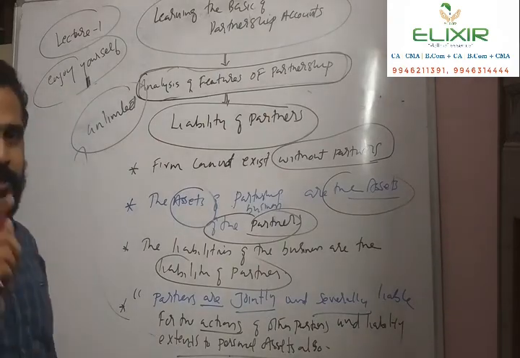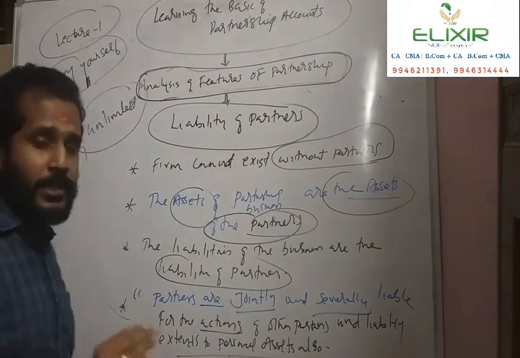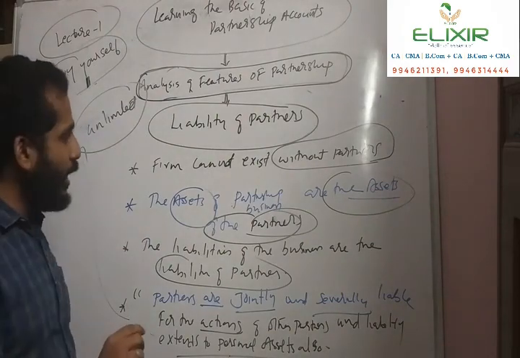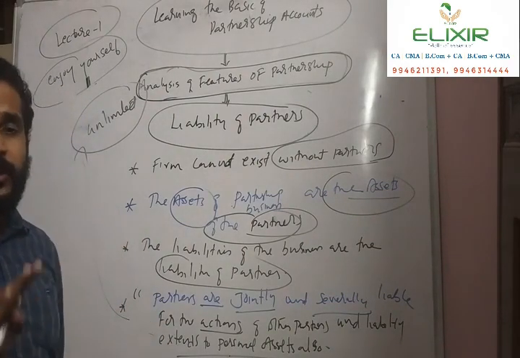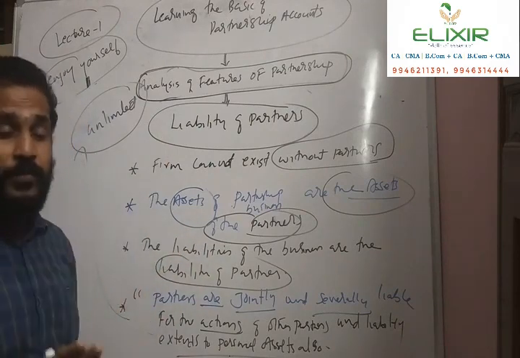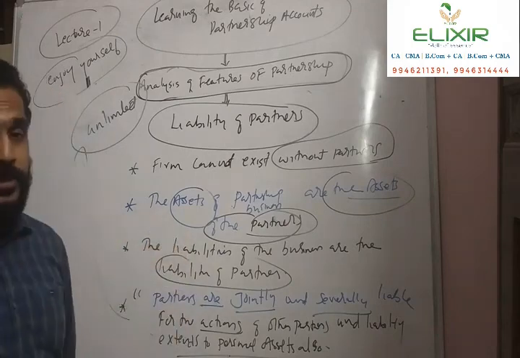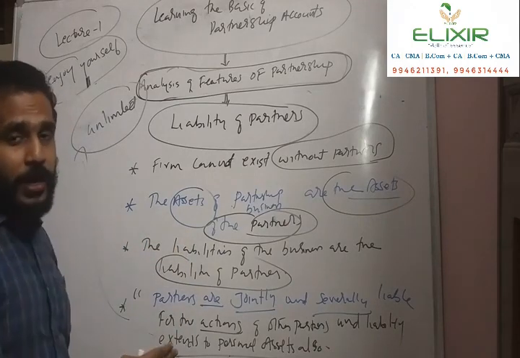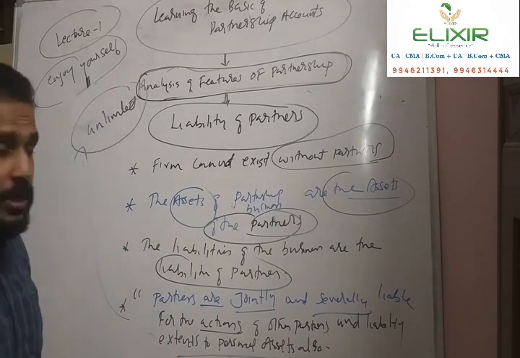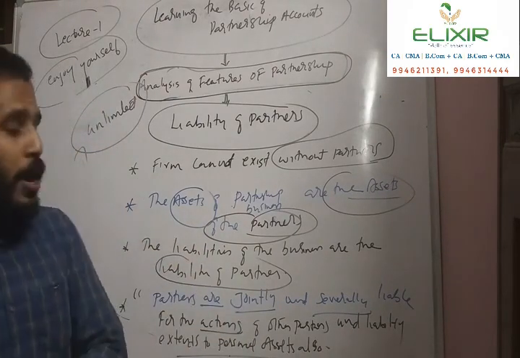Listen again. This is because there is no concept of separate legal entity. There is no existence for the firm if there are no partners. So the assets of the partnership business are the assets of the partners, and in the same way the liability of the business is the liability of the partners.